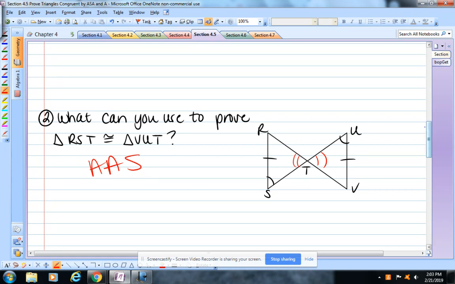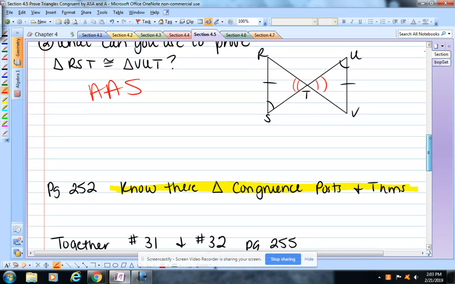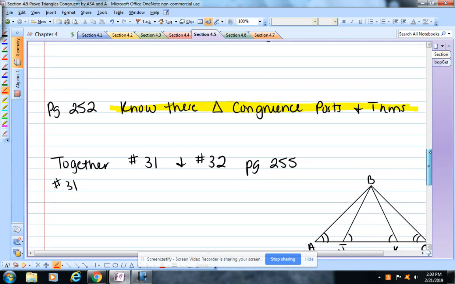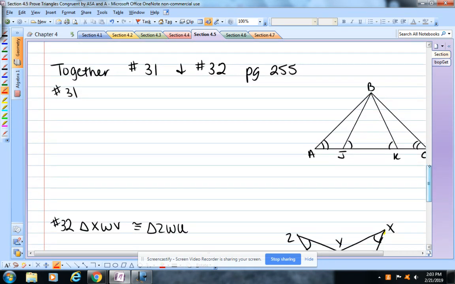Let's see some proofs. All right, open your book to page 255. We're actually going to do a few of them that are in the homework part of the book because your homework is not from the book today. So we're going to take some of those problems. Page 255.